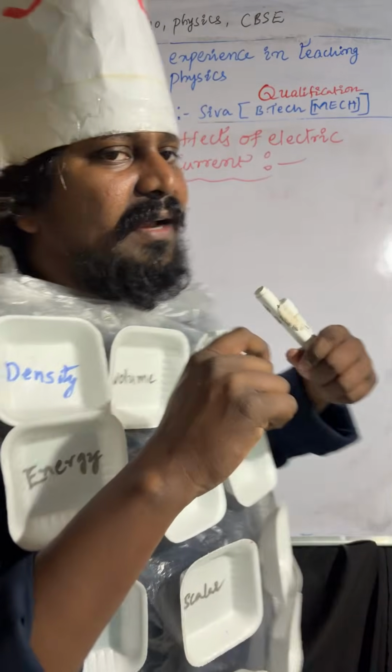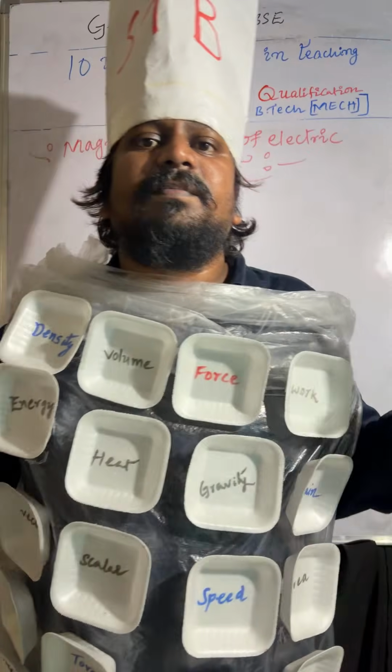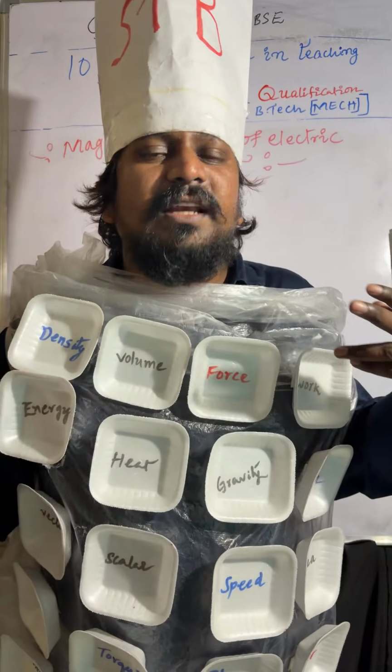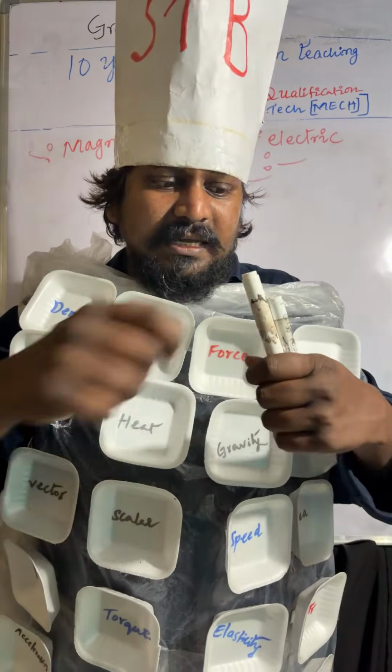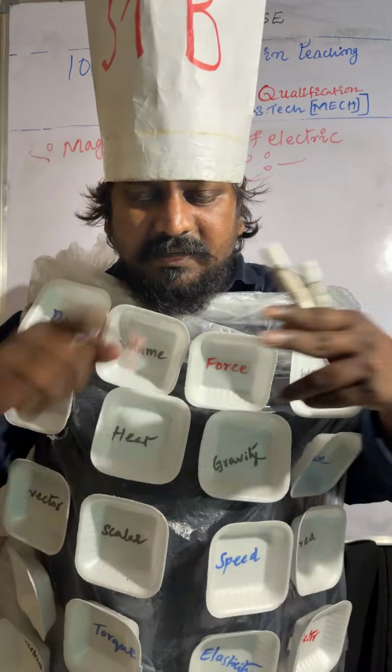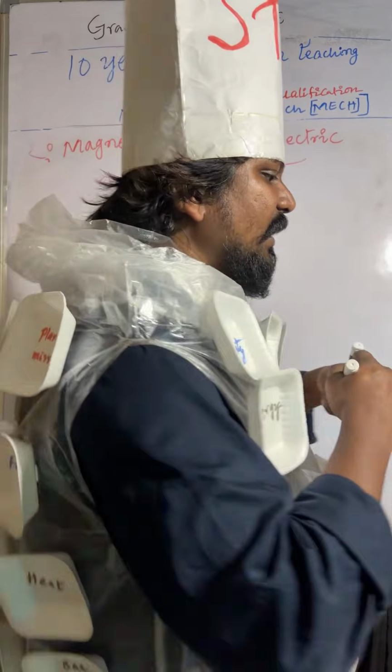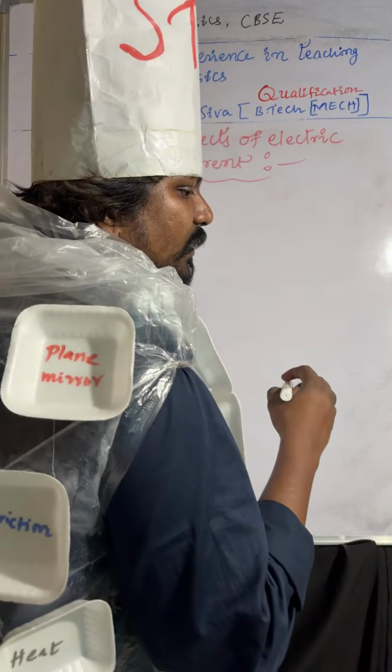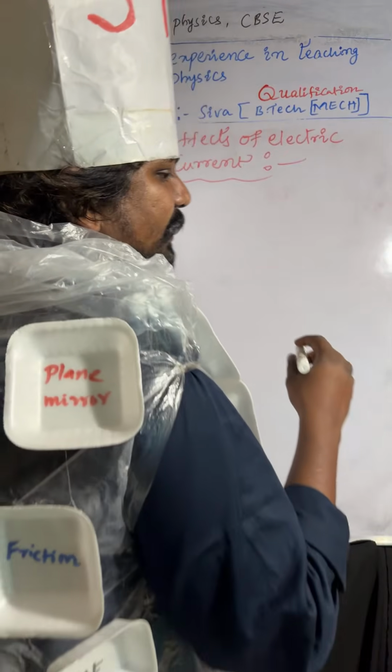So take a straight copper wire, bent in the form of a cylindrical loop. So bend like this. If you are taking a straight wire and bent in the form of cylindrical shape. This is CBSE grade 10 physics.